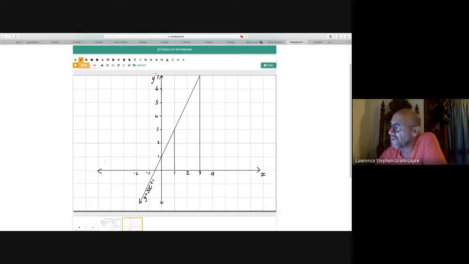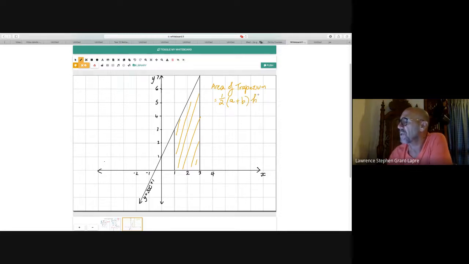I want to show you that the area underneath the function between x is 1 and x is 3 is going to equal 10. So let's have a look at this as a trapezium. This looks like a trapezium. And if you remember the rule for the area of a trapezium, it's half the two parallel sides, a plus b, times the distance between those parallel sides.